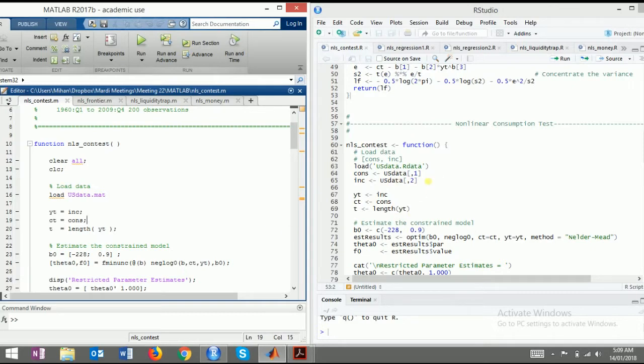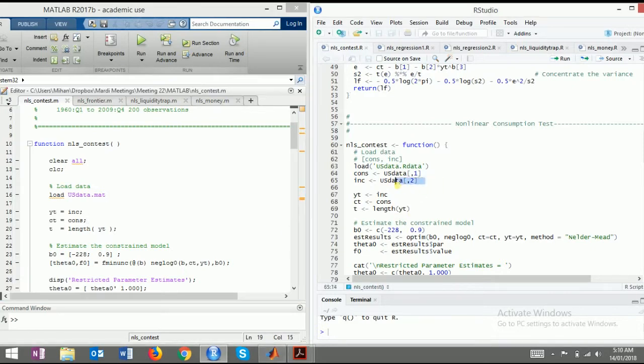So basically here how we are loading is that the first column of the US data goes to consumption, the second column, which is the income column, goes to income. Then we transfer income to Y and consumption to C.